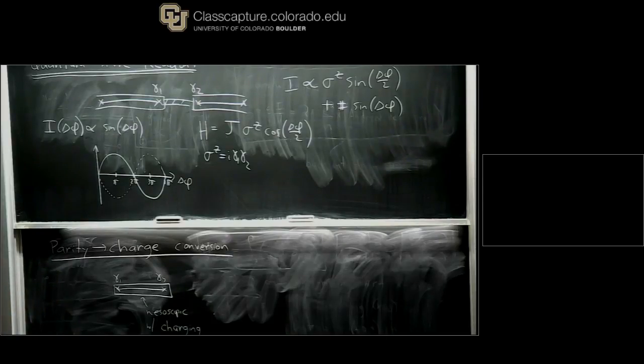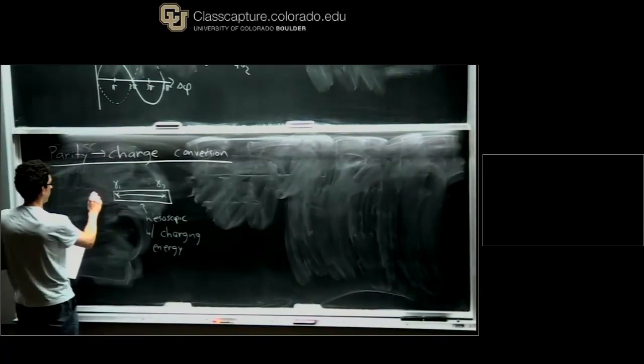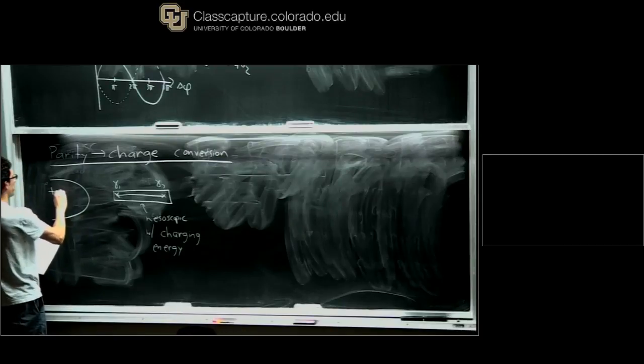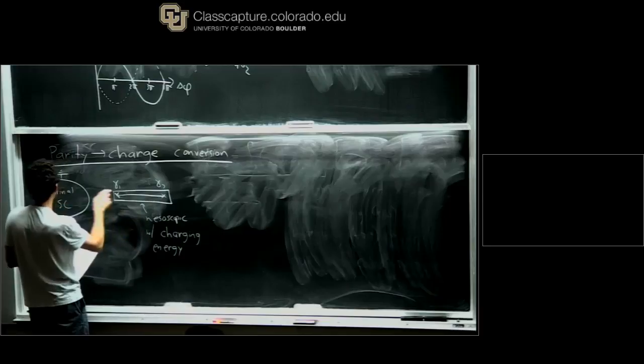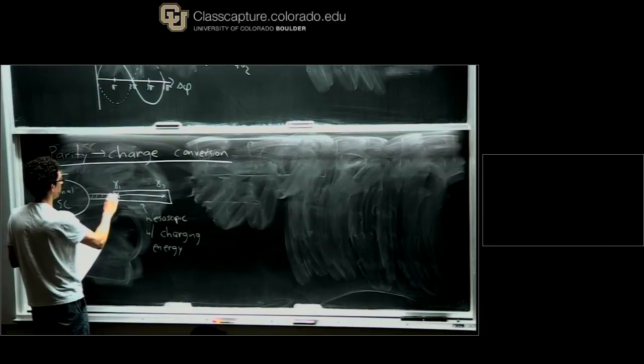All right, so that's one ingredient I want to invoke here. I'm also going to introduce a second trivial superconductor, which I'll assume is grounded. And I'm going to connect up this mesoscopic topological superconductor and that trivial superconductor with a tunable barrier.